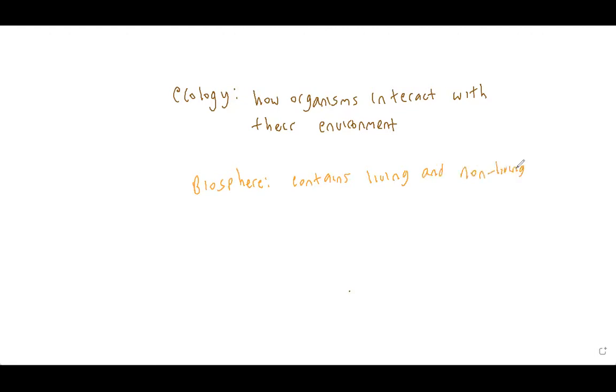Now, in ecology, well, in general, whenever we talk about something living, we use the term biotic. And biotic just means alive or once alive. I know that's not a very scientific definition, but that's basically what it means. It's either living or it was at one time living.